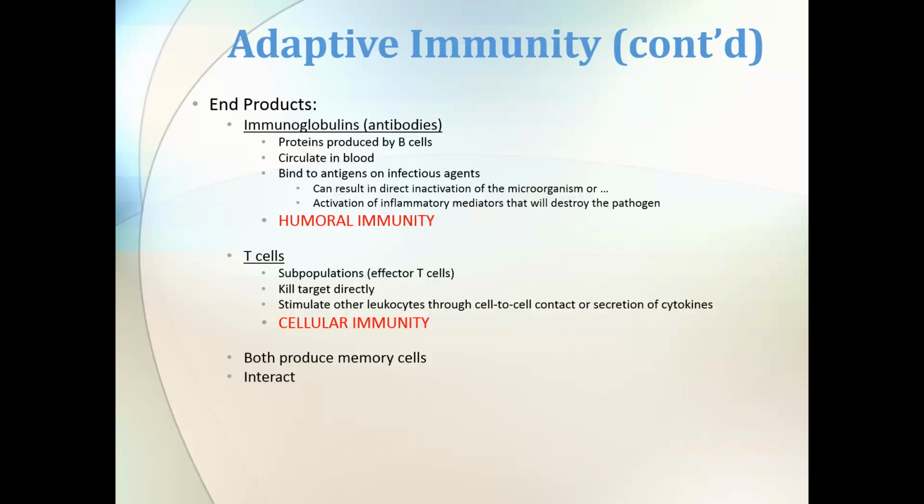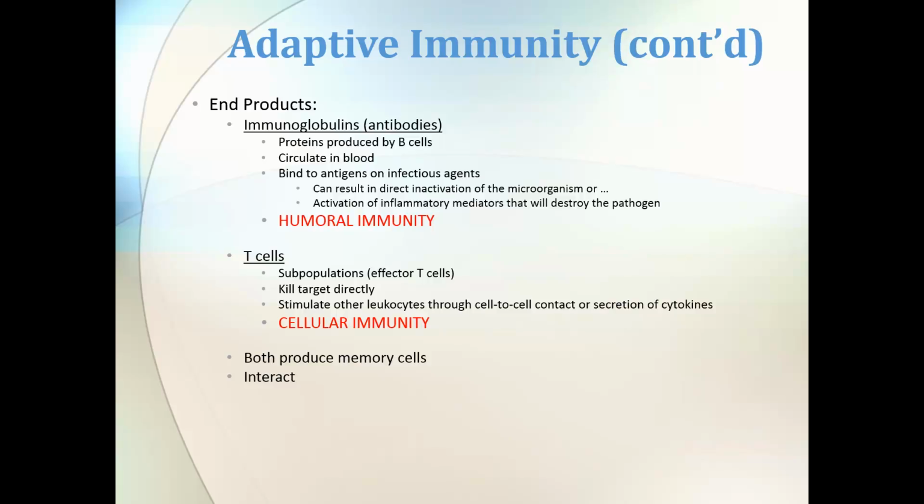So no matter if it's the antibodies from the B cells or the T cells, they both can have memory, which is super helpful because now with memory, the second time around, the response is much quicker. So now you've had one particular pathogenic invasion. The B cells and/or the T cells have come to the area and have killed the target.